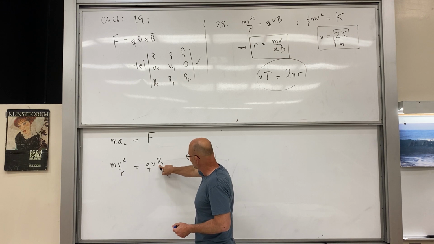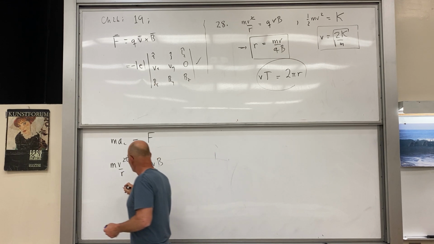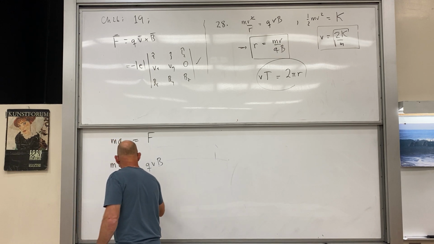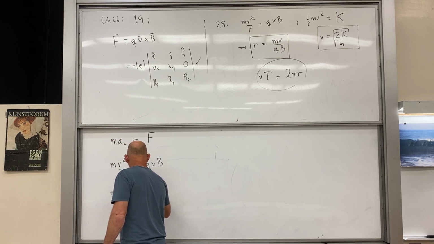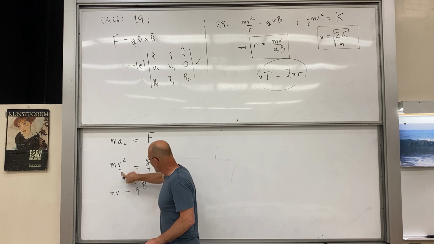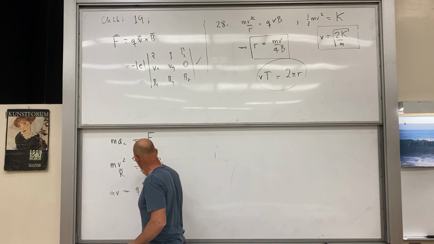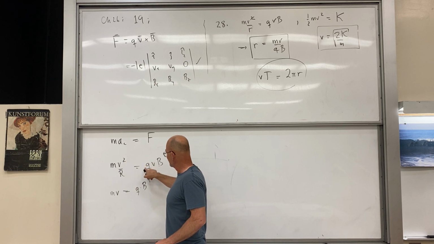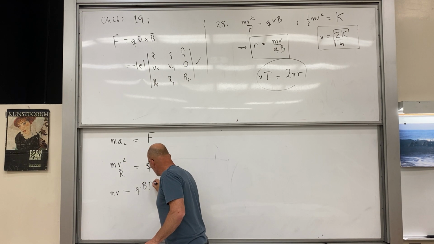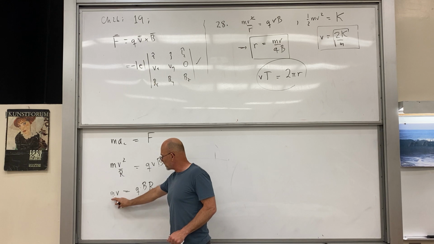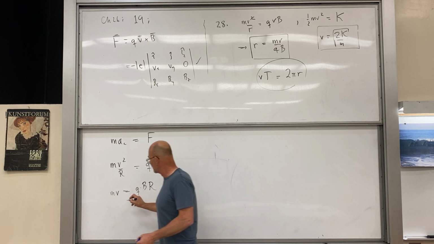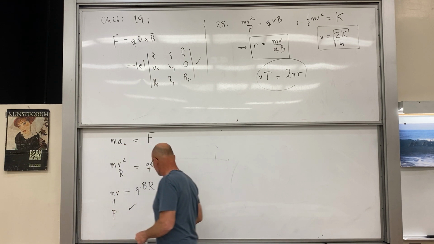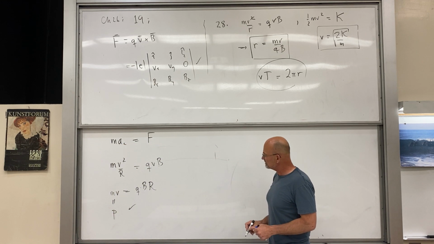Of course, we can cancel a v on both sides, and then we actually have m times v is q times B. And as I recall, the book had the uppercase R there, so we'll do that. So we got one of the B's, we have q times B times R. And they just told us to identify that as the linear momentum p. So we have that part of the problem.